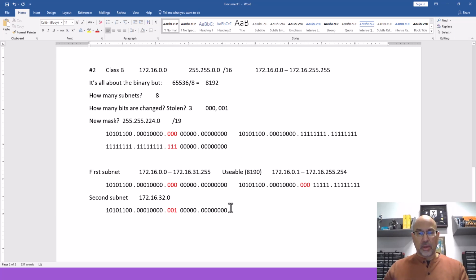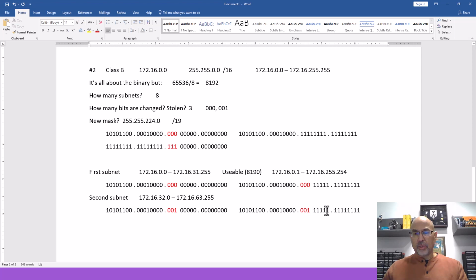I'm sensing a pattern. So now if we take this guy, and we convert that to a 1 right there, then we find out that our range is 172.16.63.255. And we can see that right here.